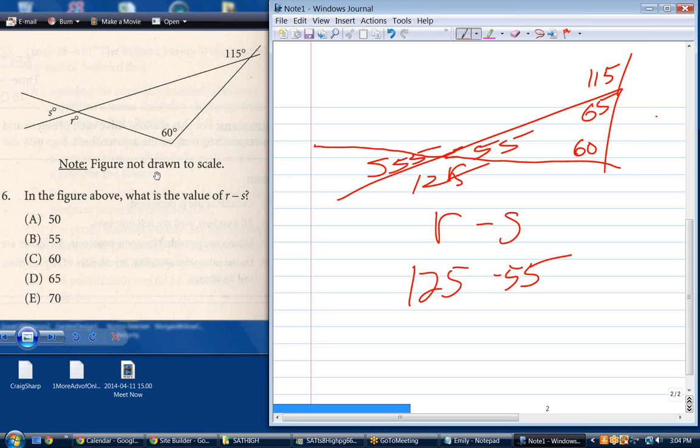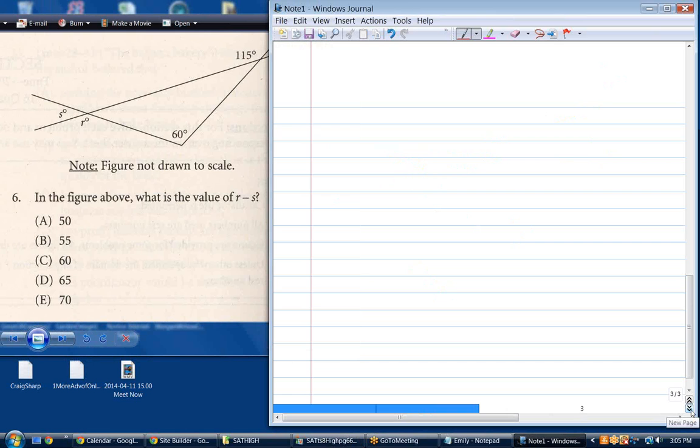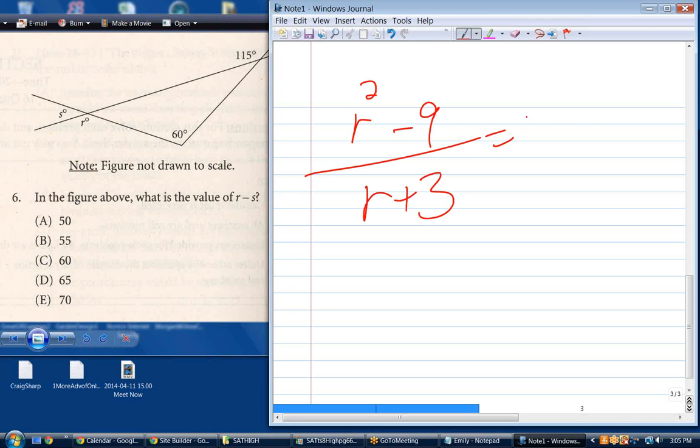Some problems are going to be, however, like this: you cannot solve for r or s, but you can solve for r minus s. You know what I'm saying? This is not perhaps a good example, but can you solve for r minus 3?